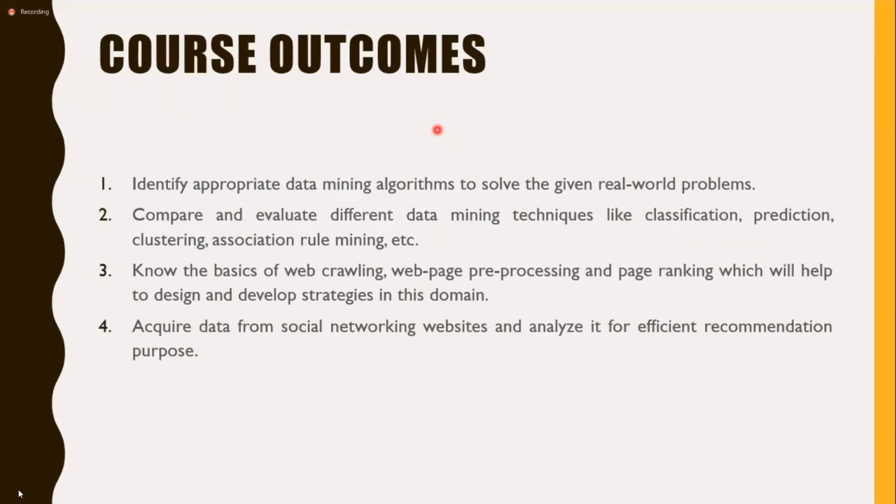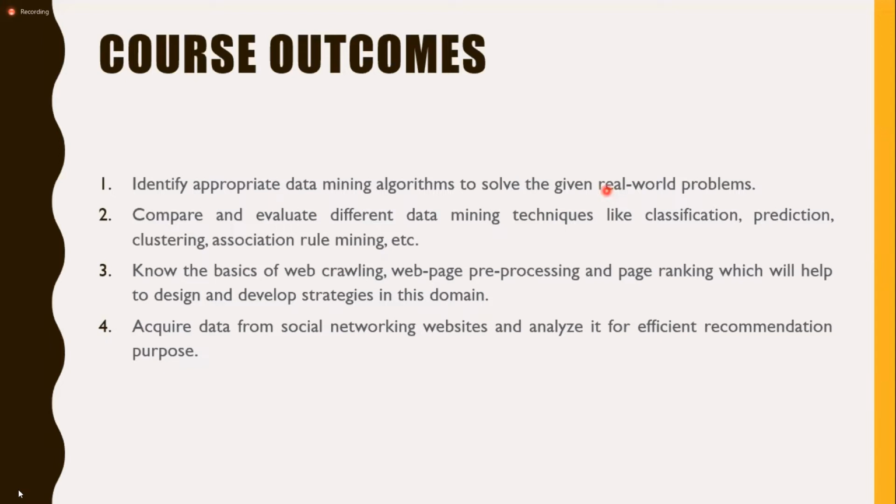So coming to course outcomes, everyone should know what the outcome of this data and web mining course would be. The first one is that you must be in a position to identify appropriate data mining algorithms to solve a given real-world problem. Given a real-world problem, you should be able to identify what kind of data mining algorithm could be applied.